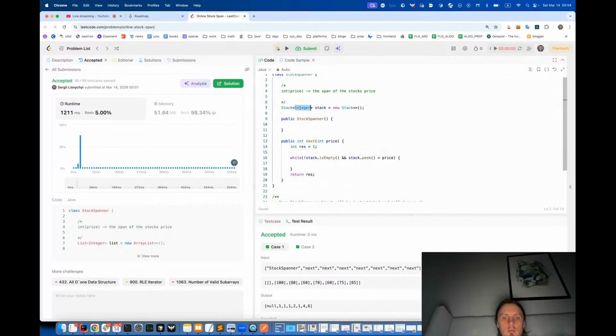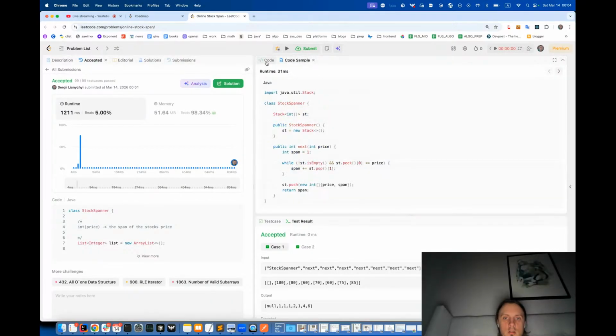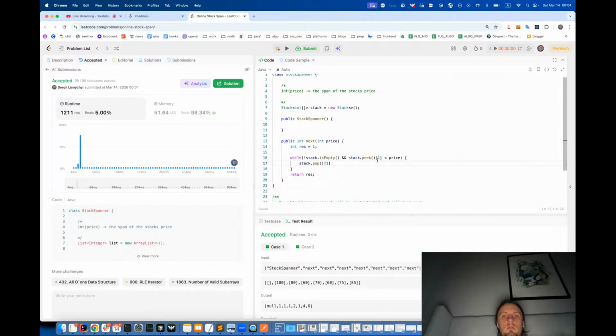here we store our value, so we peek and we get the price, and we do stack pop, and when we pop we take also the span.